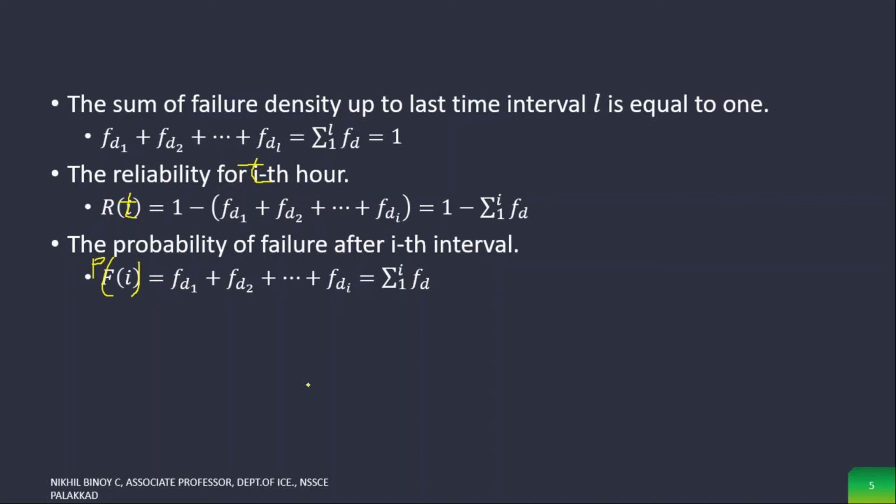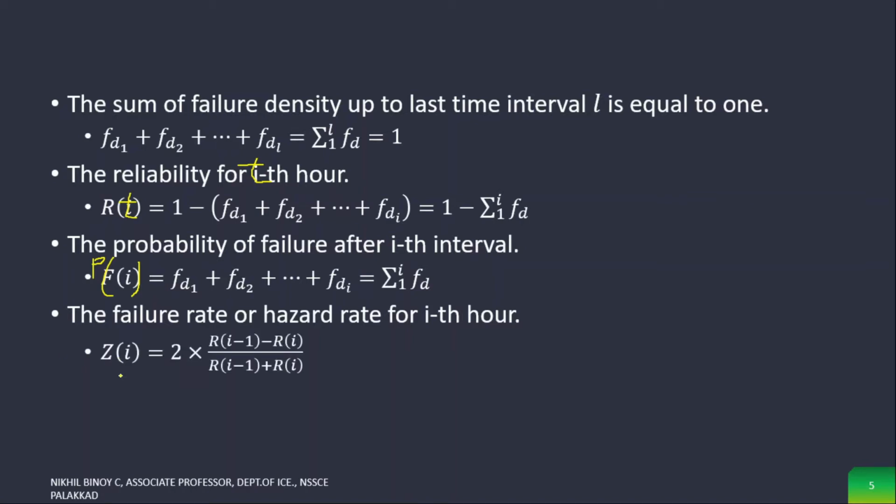Now another important factor that we discussed is the hazard rate. The failure rate, hazard rate, for the ith duration (here hour is not important), z of I, is equal to 2 into (R of I minus 1 minus R of I) divided by (R of I minus 1 plus R of I).